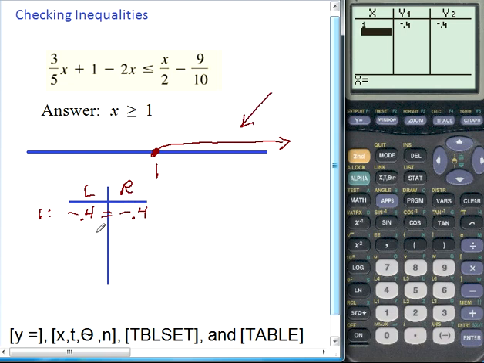Alright, and the next thing we have to do is check some point that's over here on this side of 1 to make sure that it makes the left side less than the right side. So the point that makes it equal is the 1 itself. Everything to the right of it, one side will make it less than, and the other side will make it greater than. And we want the solution to make the left less than the right. So let's pick a number like 5. Anything works. And so we'll put 5 in.